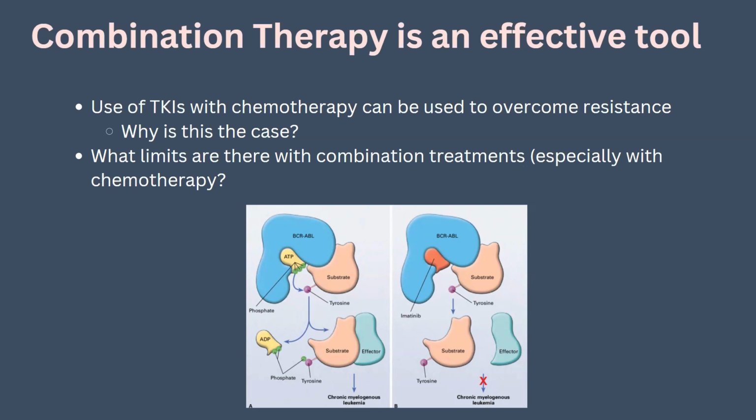That's exactly it. As was just mentioned, if you're actively targeting every proliferating cell in your body, then you're not only going to have the successful target towards the proliferating BCR-ABL positive cells, you're also going to be targeting every single one of your proliferating cells in your body.